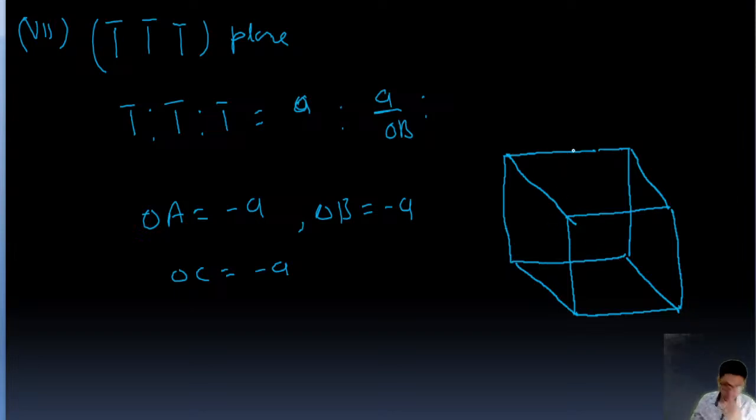Now we can choose the origin at any point. So here we are going to choose the origin. This is the z-axis, this is the y-axis, and this is the x-axis. Here the plane is going to be like this.